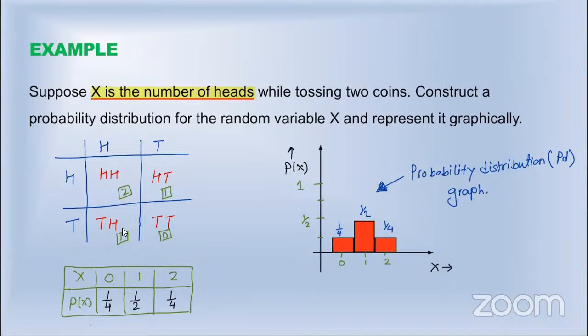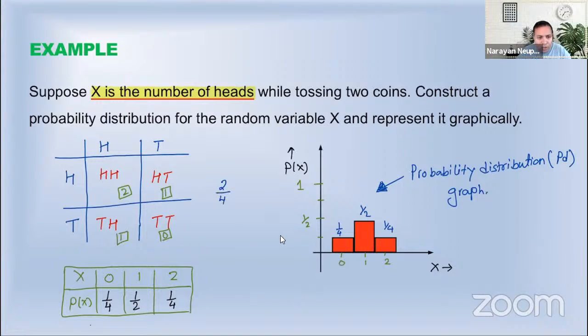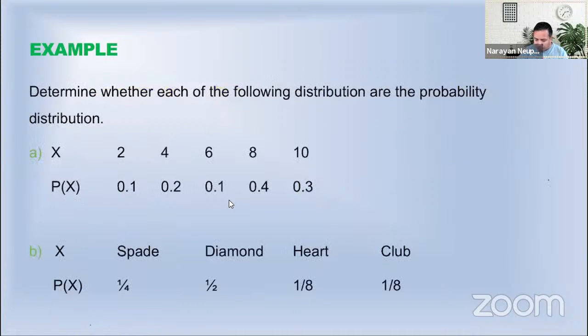So two possibilities out of 4, 2 divided by 4. Oh, so you reduce it. When you reduce that, it's 1/2, right? Yeah. Okay, good. Any other question on this example before I move on to the next one? Looks like there is no question. Let's move on to the next one.